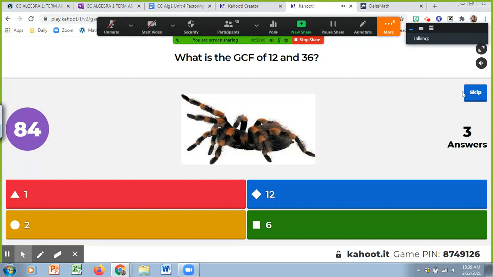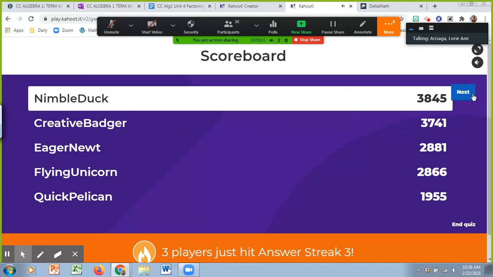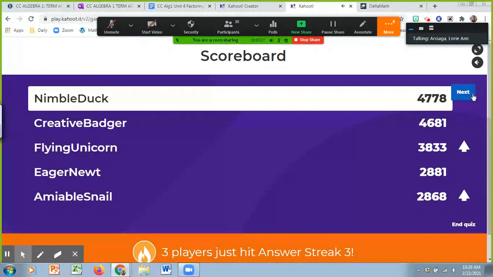I like spiders. What? You always run from them. That's strange. I think that's a tarantula. Can you help your sister because she's very late? Okay. All right, Skip. Here we go. Still Nimble Duck. Let me see. Oh, yeah, still same.